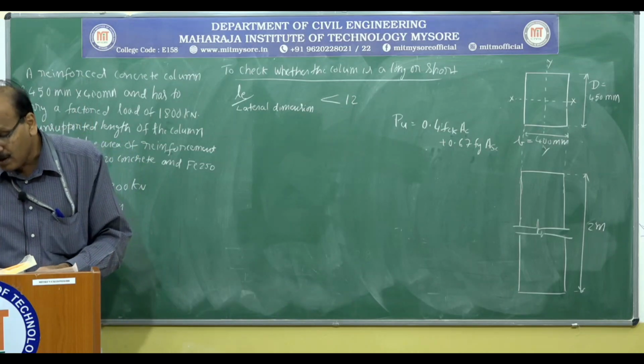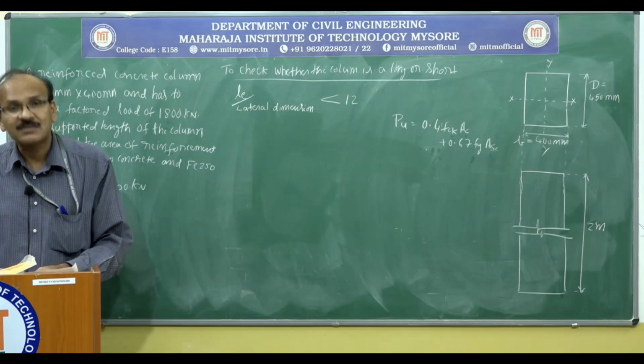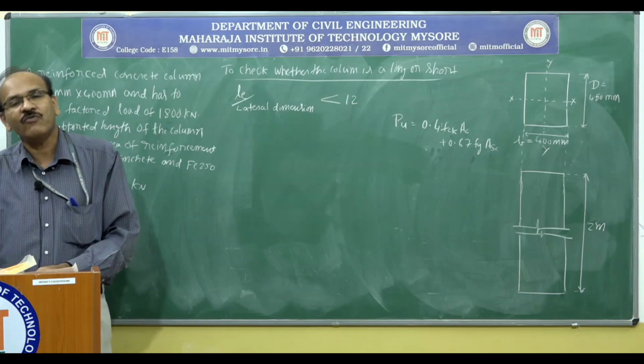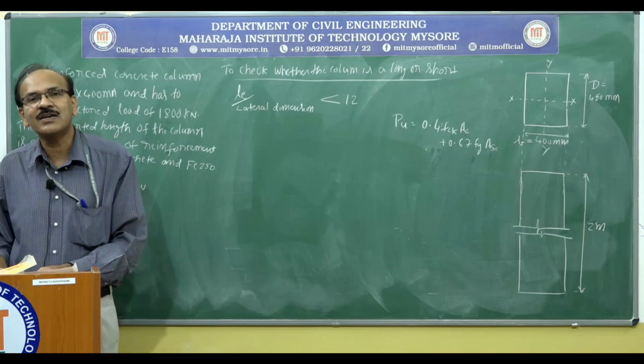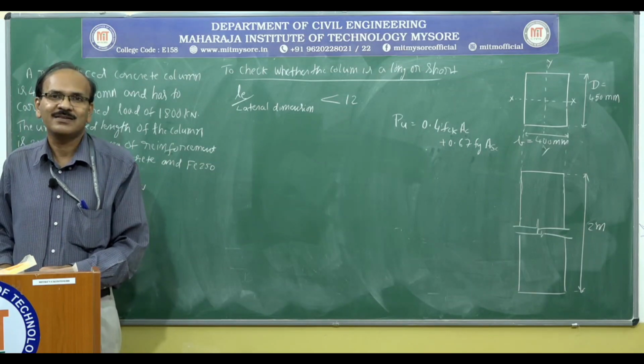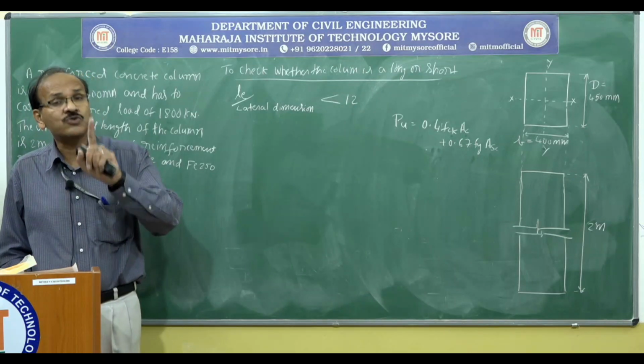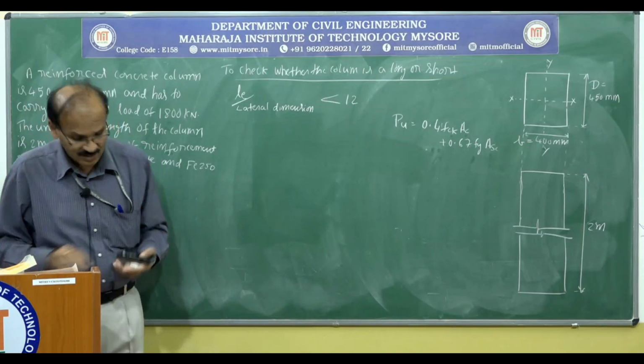Then if you go to the final column, the effective length equals 1.00 L, where L is the unsupported length. That is what I am going to assume, that both ends are hinged.